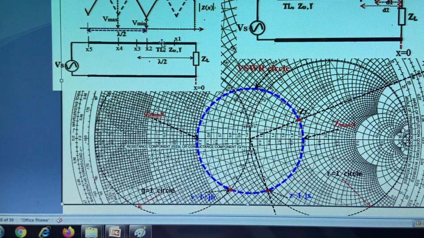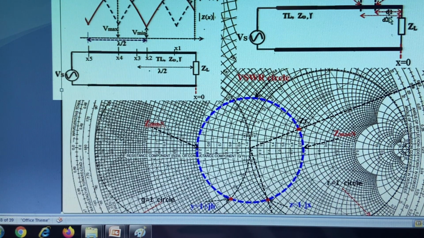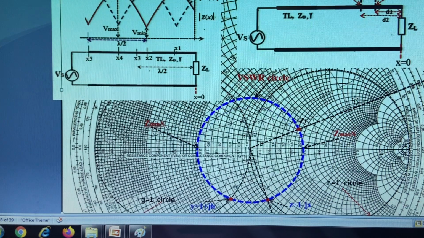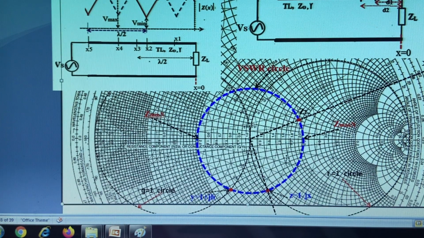But you can see here, as you move over at some distance, for example at some distance D1 from the load, say like this. As you started from here, I move like this, and at some position we observe that the impedance is like 1 minus jx.